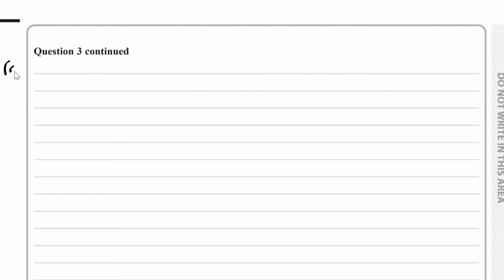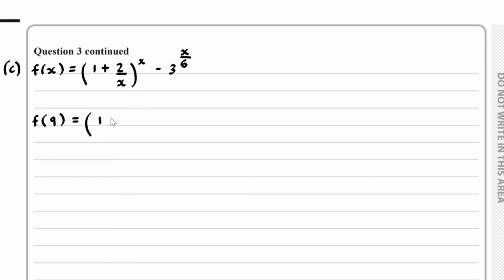So, for part C of the question, we are given that f of x is equal to 1 plus 2 over x to the x, subtract 3 to the x over 6. And if we substitute in x equals 9, then we've got 1 plus 2 over 9 to the 9, subtract 3 to the 9 over 6.